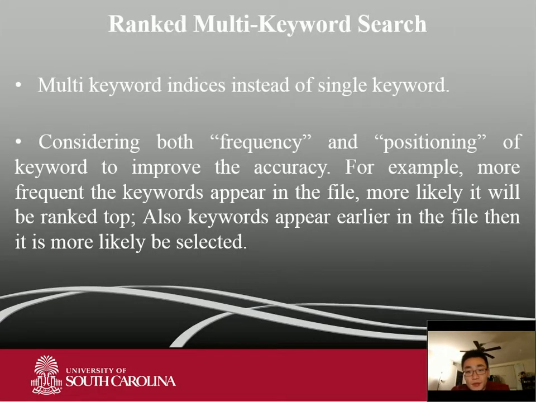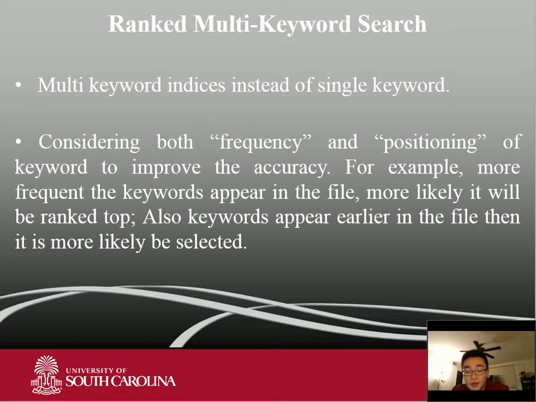A ranked multi-keyword search means that we not only support multi-keywords, we also support ranked results. That means the results we get are ranked according to some features in our data. We can consider frequency and positioning.